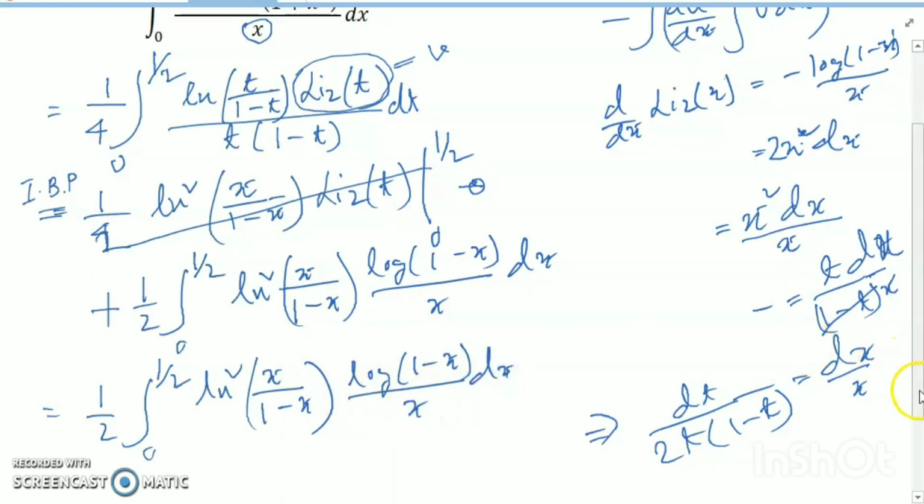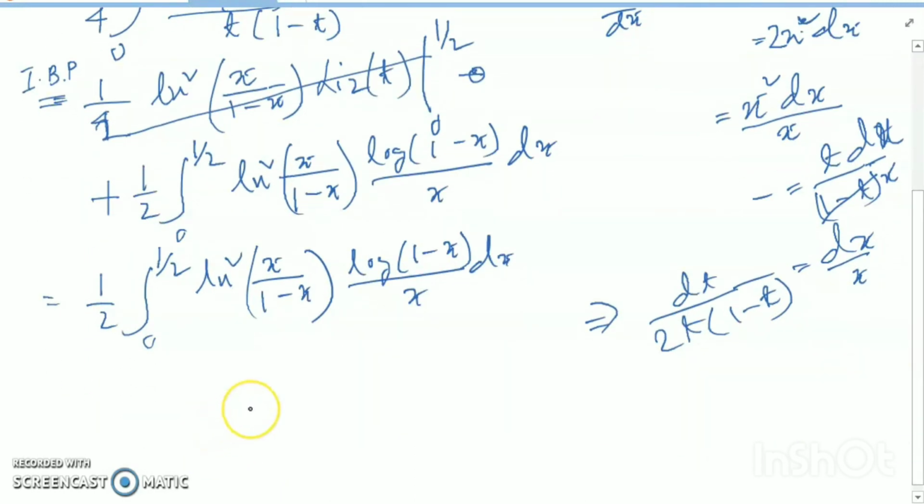Now friends, whatever we get, take x divided by 1 minus x as t. Okay, take x divided by 1 minus x equal to t.